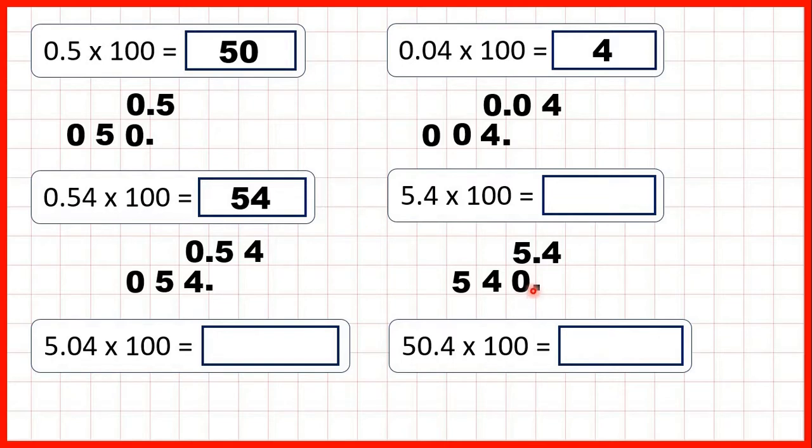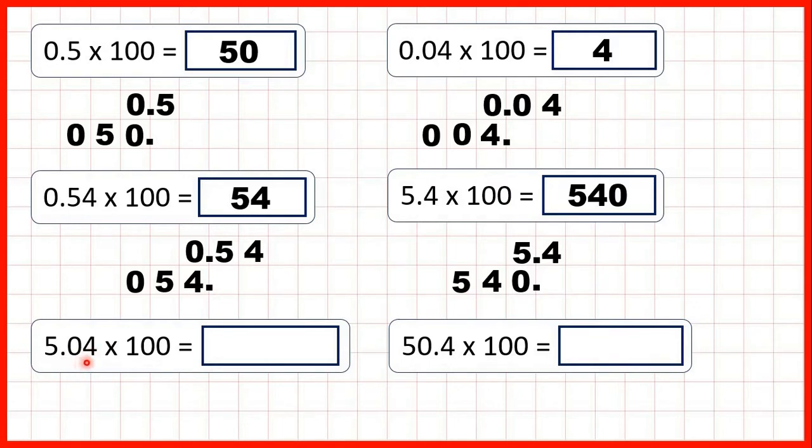So now that we have the decimal point at the end, we know that our answer is a whole number, so that's 540. And it's really important to remember the 0 in the ones, because if we didn't have that, the 5 would be in our tens and the 4 would be in our ones. So we need the 0 to show that the 4 is 4 tens and the 5 is now in the hundreds column.